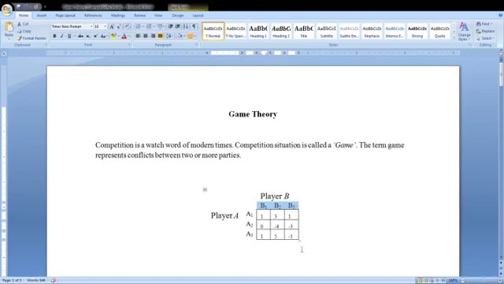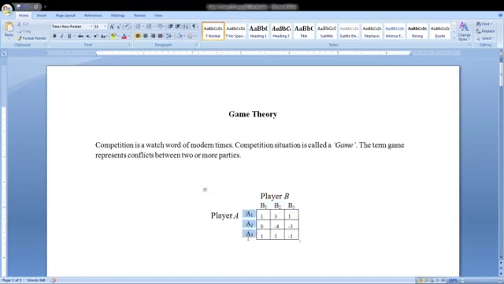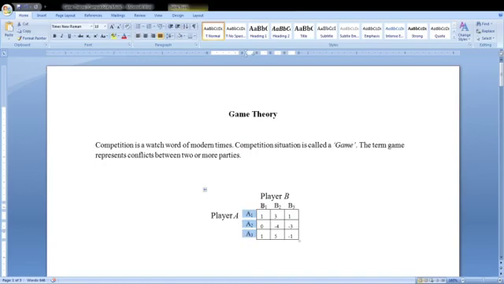For example, if player A hits more runs, it is a loss for player B. So player B tries to minimize his own losses, whereas player A tries to maximize his gains.